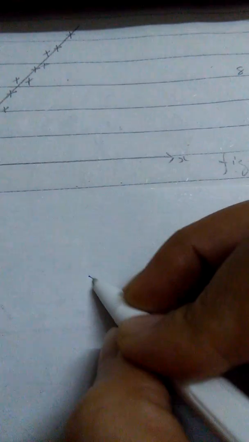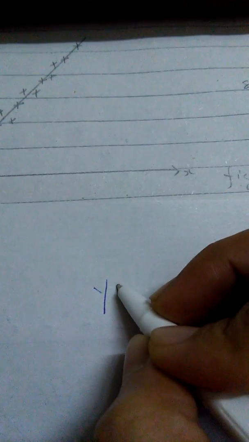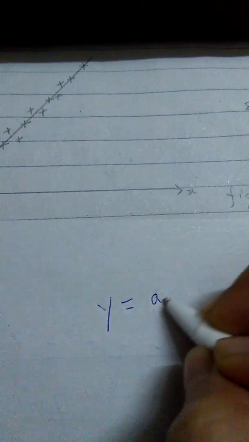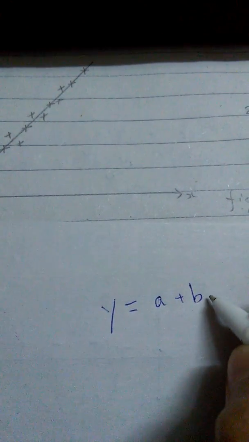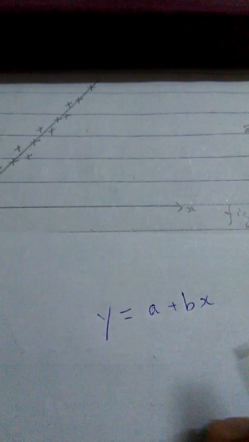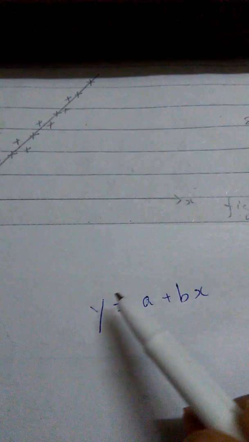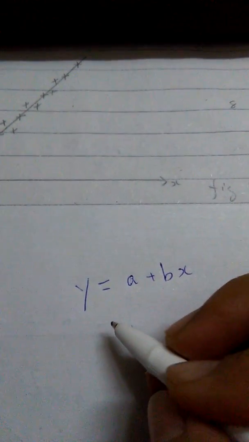In your slide it is given that the regression line is expressed as y equals a plus bx. This is just another way of expressing y equals mx plus c.